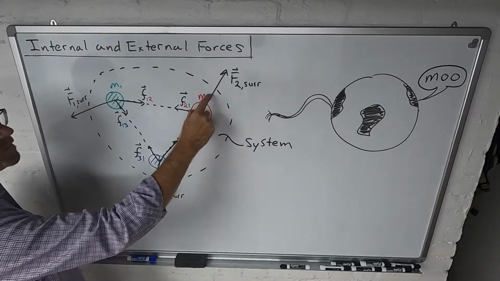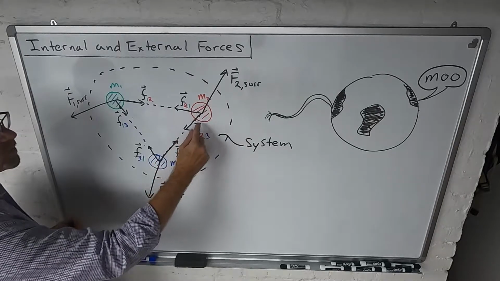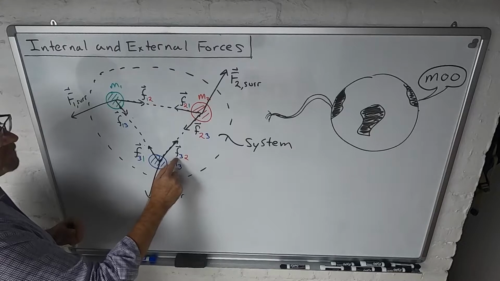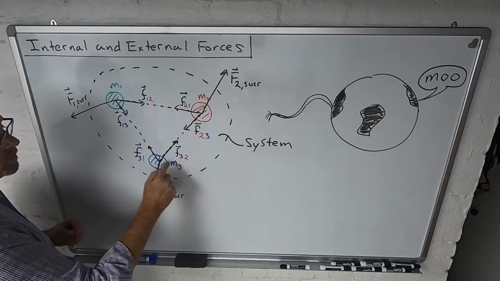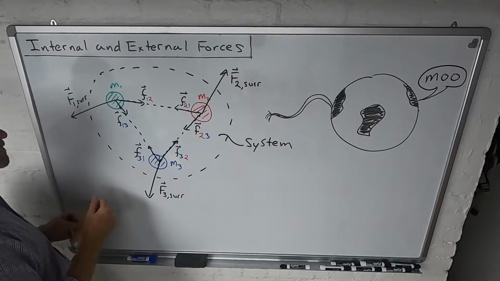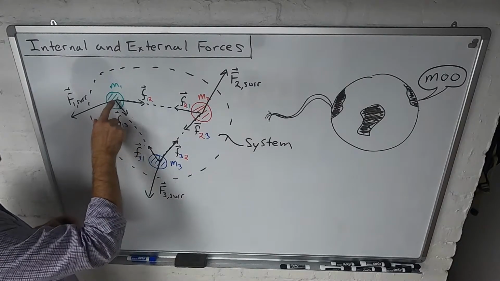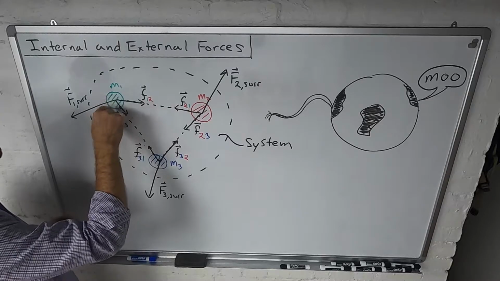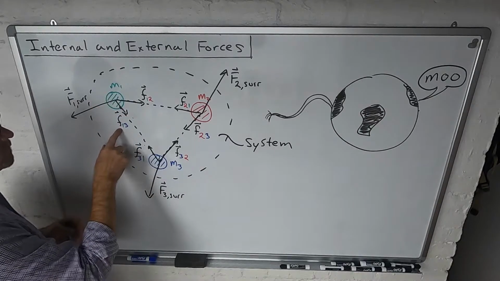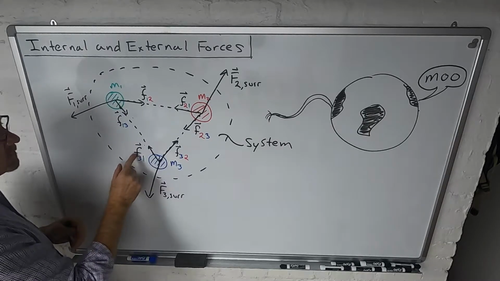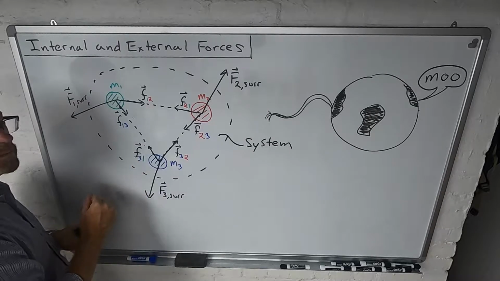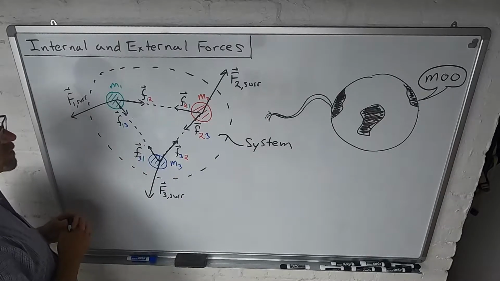And similarly, mass 2 acts on mass 3 with a force F23 that's reciprocal to the force on 3 by 2. So that's this force and this force. They are a reciprocal pair. And identically the same relationship between M1 and M3, where F13 is the equal and opposite pair force with F31. And so these are all reciprocal forces.